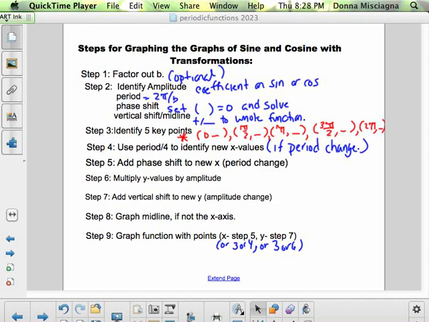If it's cosine, then it's 1, 0, negative 1, 0, 1. It's just the values of sine and cosine at those angle measures. It's also the values of the x and y coordinates as we go around the unit circle on the coordinate plane. X is cosine and y is sine. So that's another way to think of it.